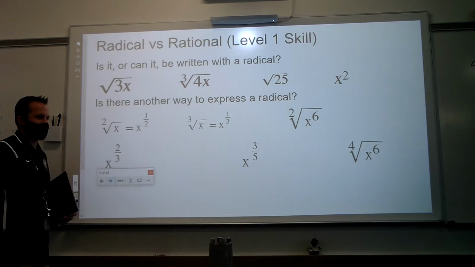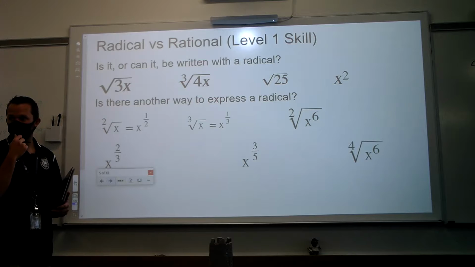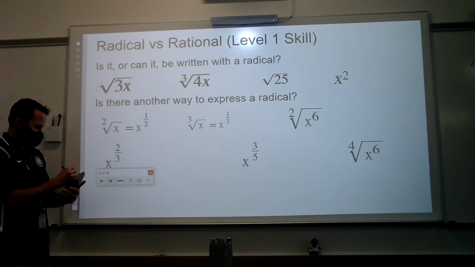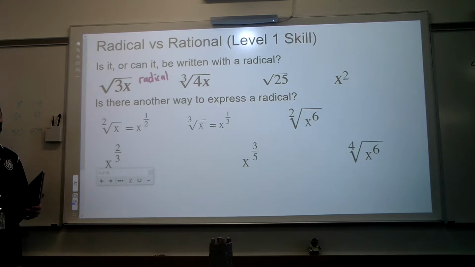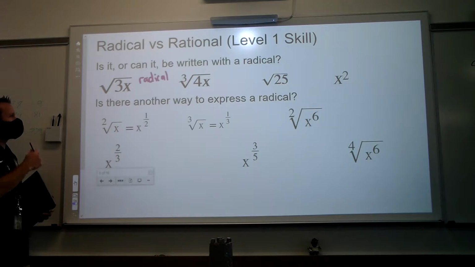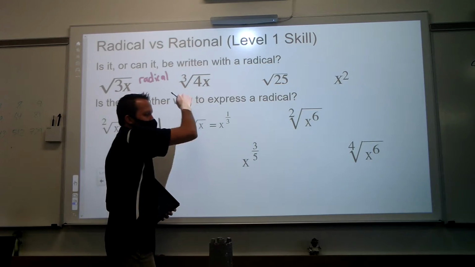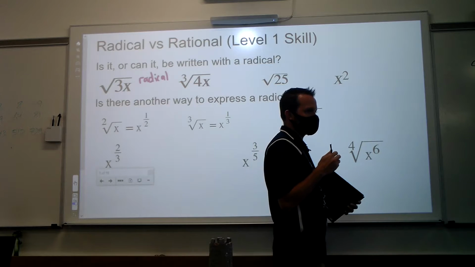Square root of 3x, does this have a radical sign? So what do you write? This is a radical. Oh, sorry, this wasn't in your notes, so just write it somewhere, or just pay attention and memorize it in your brain. Now, cube root of 4x, I can't simplify that. Is there a radical symbol there?